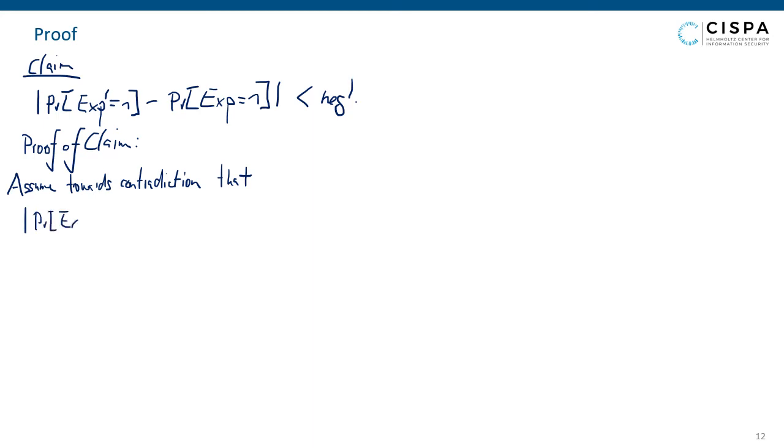Probability x prime equals 1 minus probability exp equals 1 is greater than epsilon prime, for a non-negligible epsilon prime.